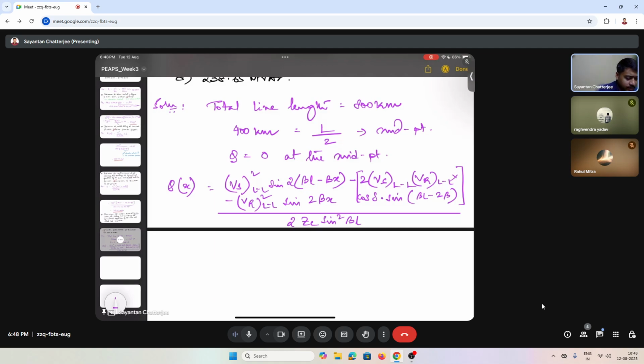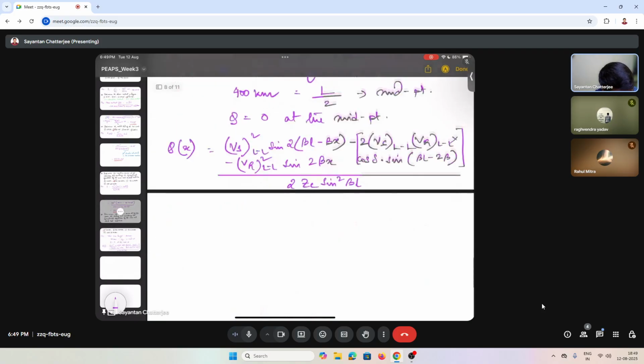This is the expression at any value x, but since it is the midpoint, we will get the value is 0.